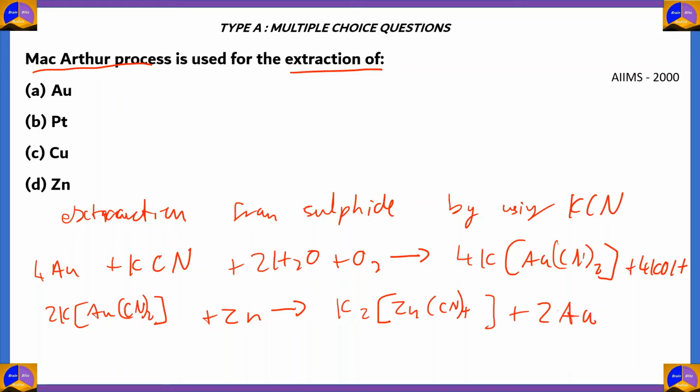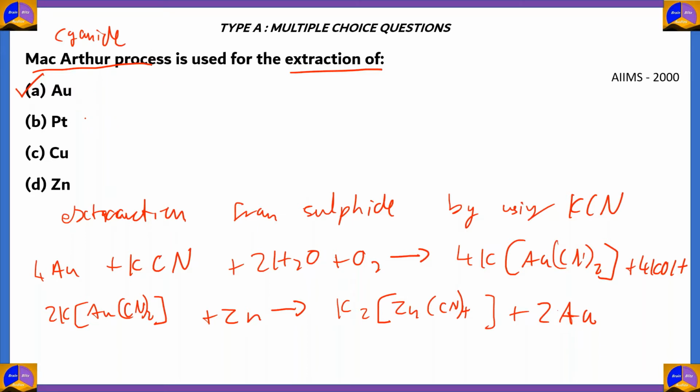So in the end, you see that gold is extracted from its sulfide by using the cyanide process, by using cyanide such as KCN. So the MacArthur process is also called the cyanide process. And this process is used for option A, extraction of gold from its sulfides.